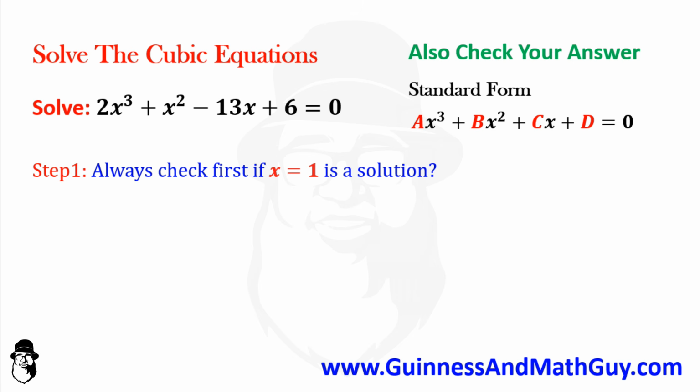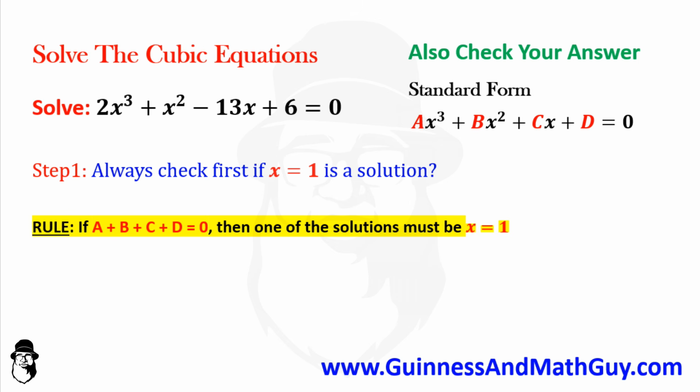So in step 1 we'll check if x is equal to 1 is the solution or not, and the rule here is if A plus B plus C plus D, so 2 plus 1 plus minus 13 plus 6, is equal to 0, then one of the solutions must be x is equal to 1.